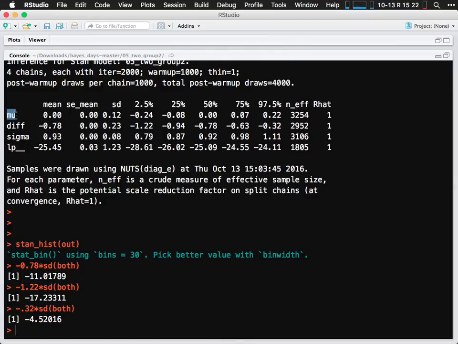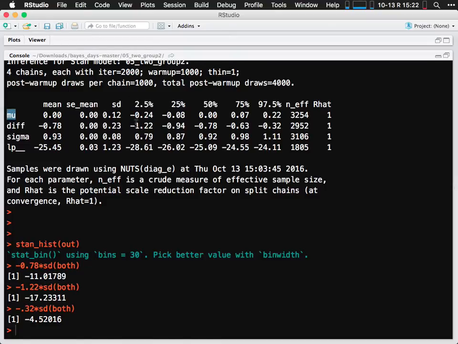Now, if you wanted to actually get what this location parameter was, you not only have to multiply by the SD, but also add the mean. So let's take, what is the 2.5 percentile value for the intercept parameter?